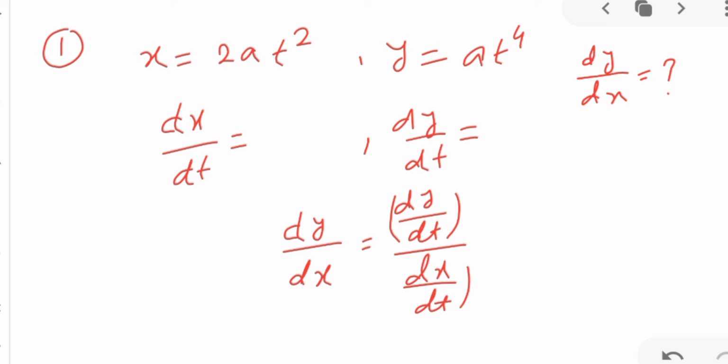Why? Because dy upon dx I can write as dy upon dt divided by dx upon dt, correct? This will be our approach for this type of question.